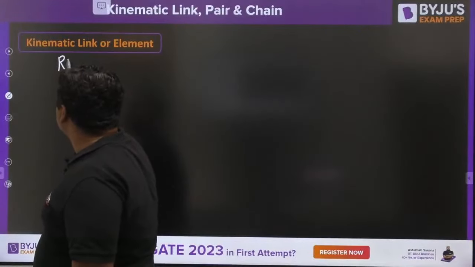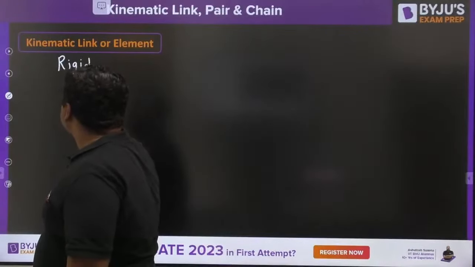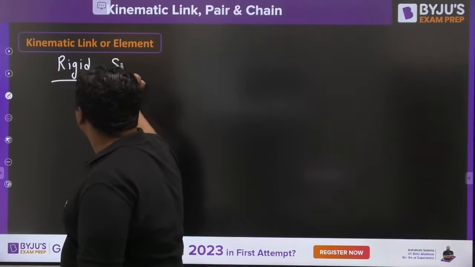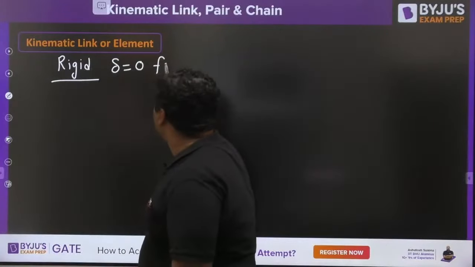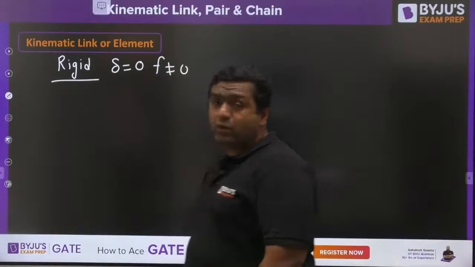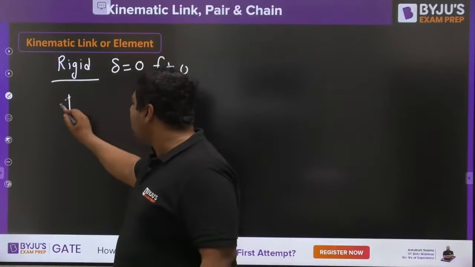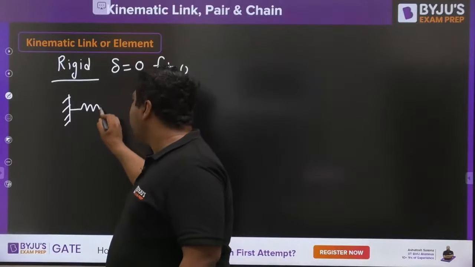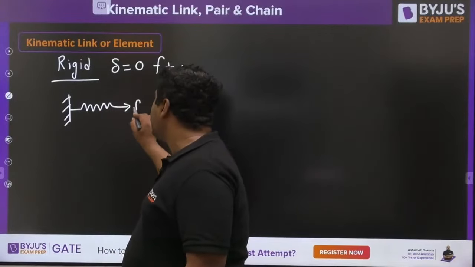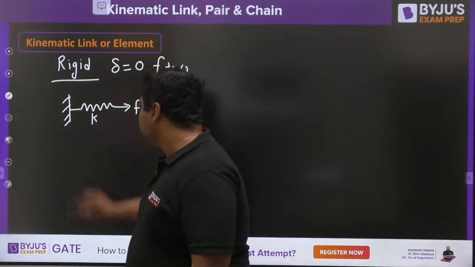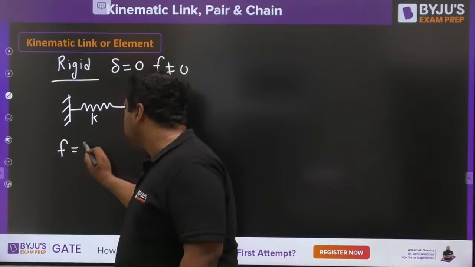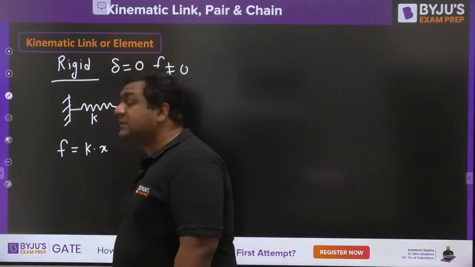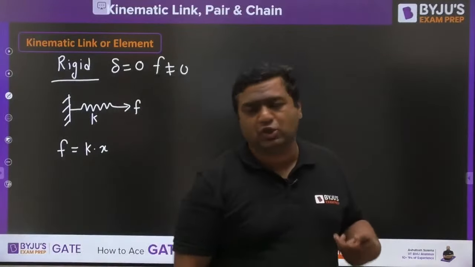So when we are talking about rigid, a body is said to be rigid if deformation of the body is 0 when we are applying the forces onto the body. Like if we are having a spring and we are applying some force onto this spring like F, and K is the stiffness, you can write F is equals to K into X. Here X is the displacement of spring or deformation of spring.